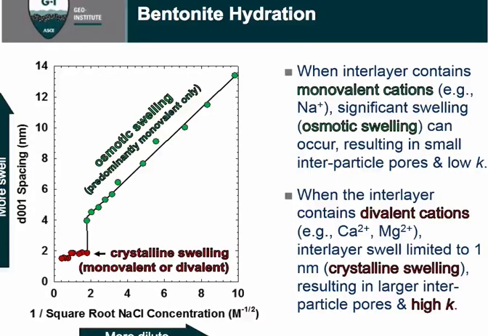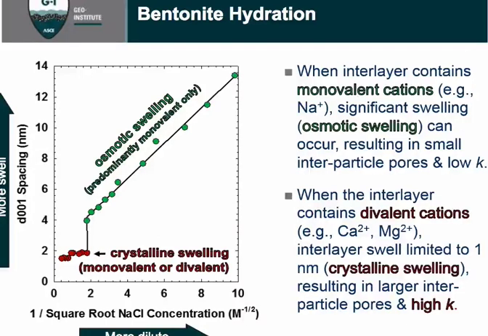If only crystalline swelling occurs, I don't form a gel structure unless I'm under a high stress, so under a low stress, I'll have a high hydraulic conductivity. However, as I continue to add water, and if it's a sodium bentonite or a bentonite in which a monovalent cation is present, I'll also get a process called osmotic hydration and osmotic swelling. That will result in the immobilization of a substantial amount of water and a low hydraulic conductivity.